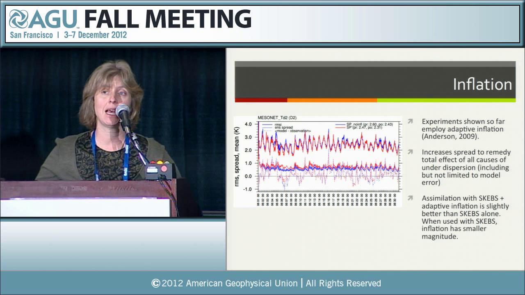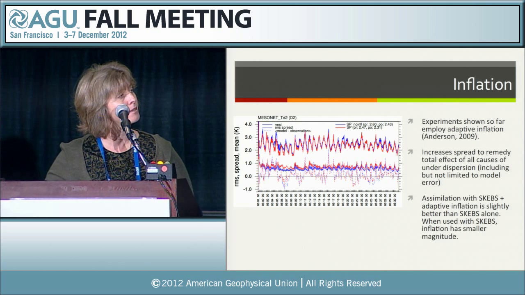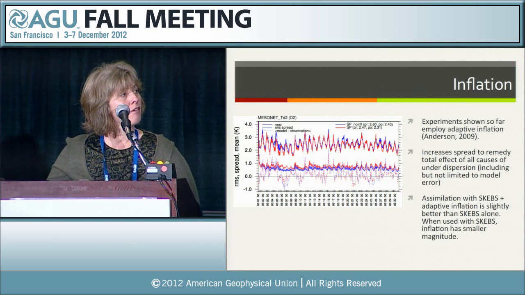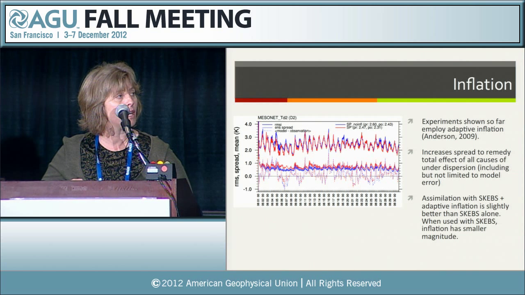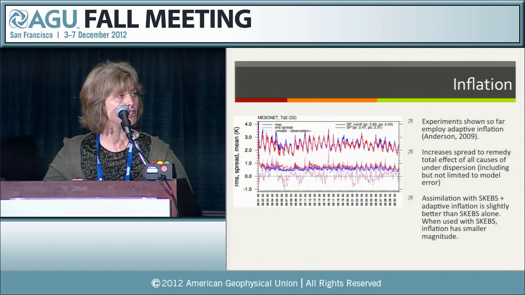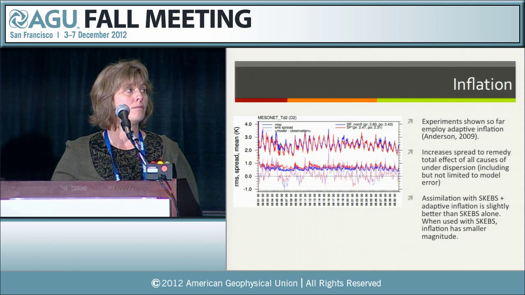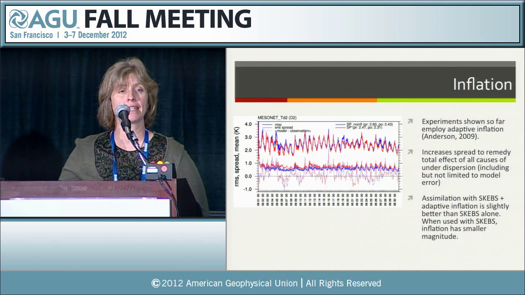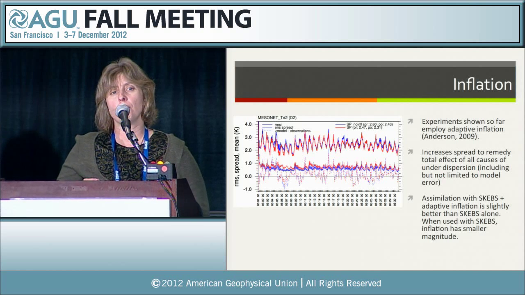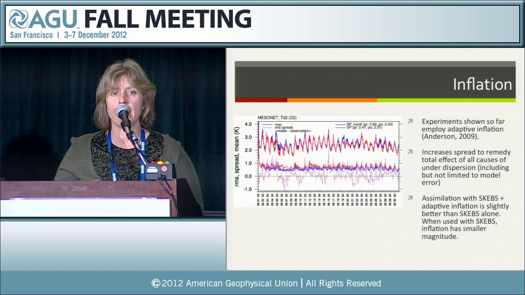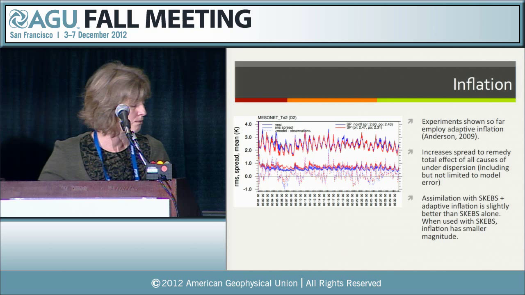If we have SCAPs and inflation, we have more spread than if we have only SCAPs. However, if we use SCAPs only and compare this to an ensemble data assimilation that uses inflation only, then the SCAP scheme has a much better effect than the inflation alone. So one could argue that the SCAPs can replace the adaptive inflation factor currently in DART.